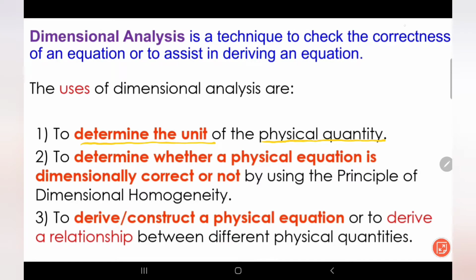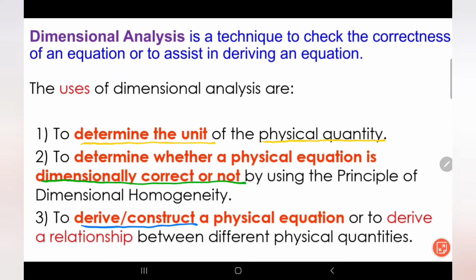The second function is to determine whether a physical equation is dimensionally correct or not, by using the principle of dimensional homogeneity. And lastly, we may derive or construct a physical equation or to derive a relationship between different physical quantities.